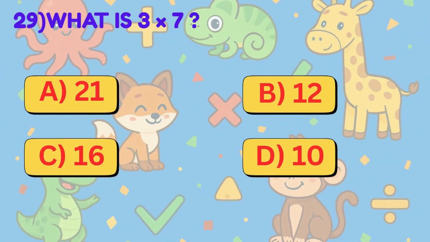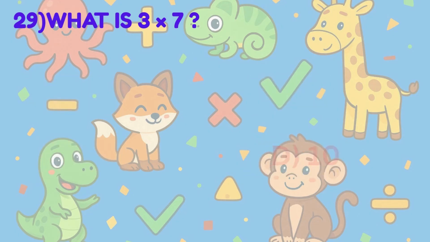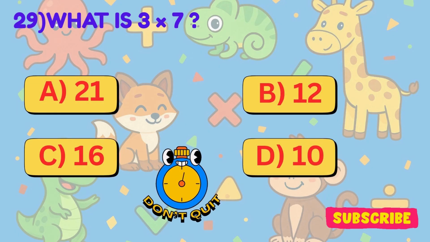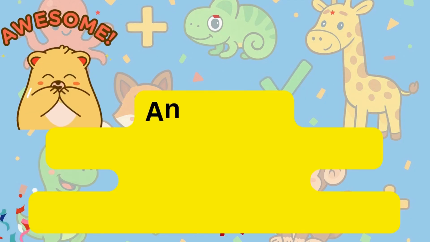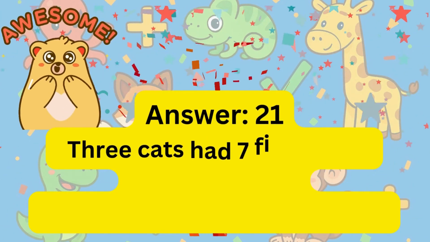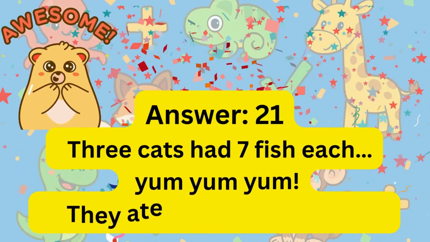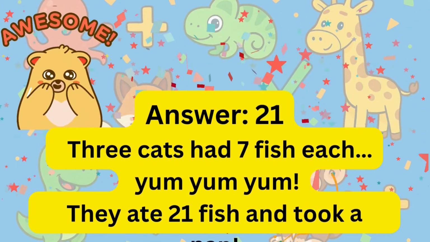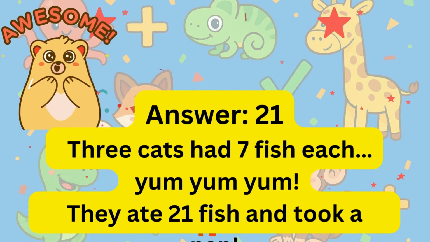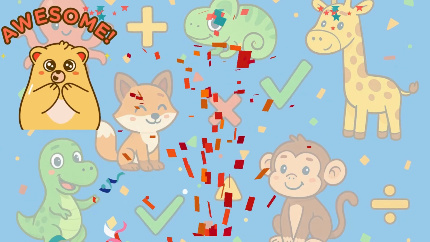29. What is 3 times 7? Is it A, 21, B, 12, C, 16, or D, 10? Correct answer is 21. 3 cats had 7 fish each. Yum, yum, yum. They ate 21 fish and took a nap. 30.